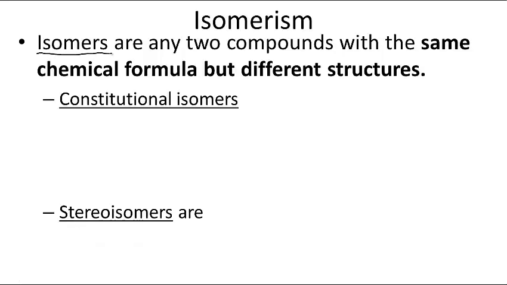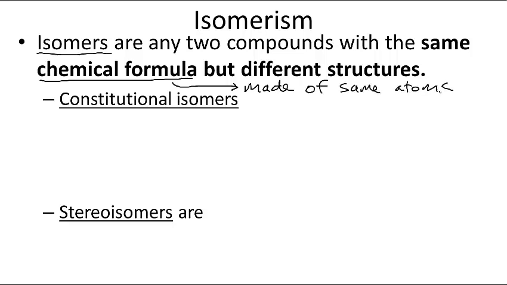So isomers have the same chemical formula. They're made of the same atoms, but they have different structures. And we can break them into two categories. The first are what we call constitutional isomers. So these have the atoms connected in a different order.